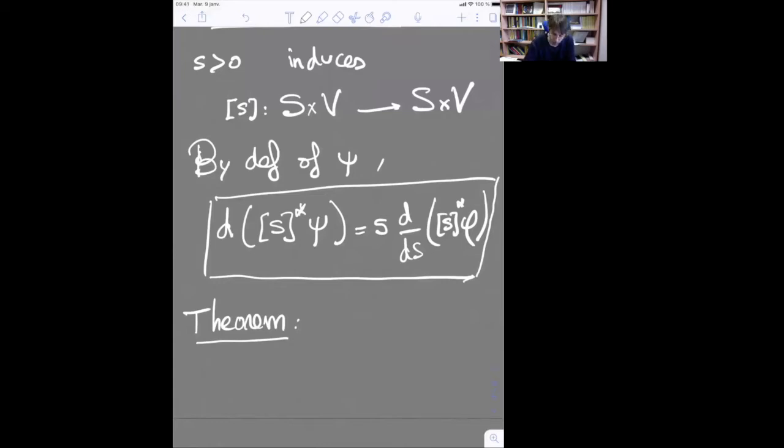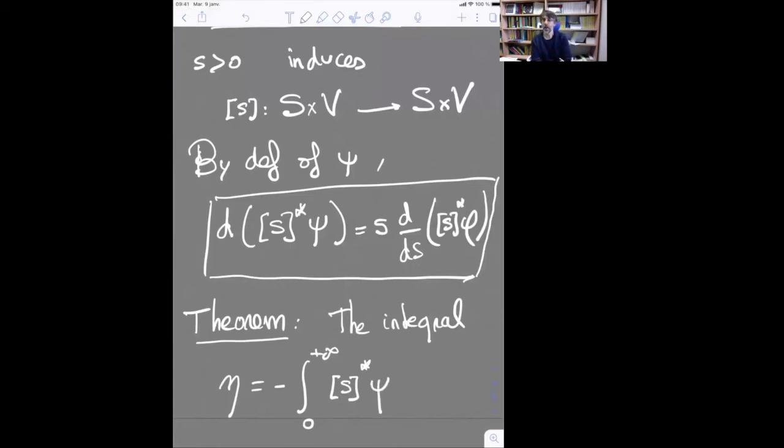That if you consider the integral, which I will call eta, which is, in fact, minus the Mellin transform, if you want. So now I tell exactly what Mellin transform means in that case. You pull back by s the form psi. So when s tends to infinity, what you do is change your Gaussian by a multiplication by s.